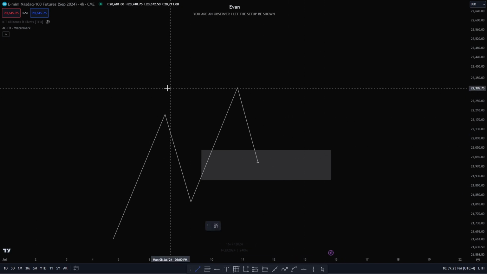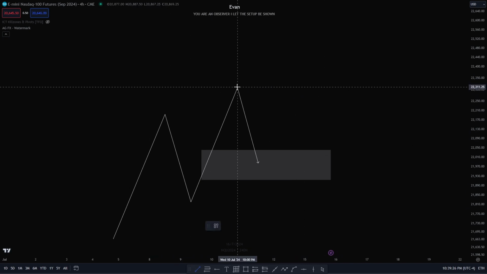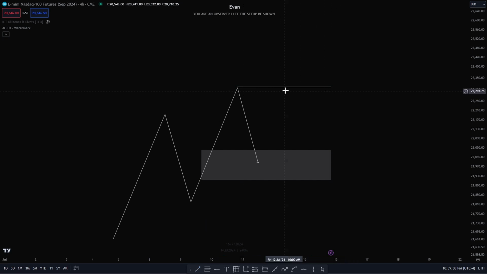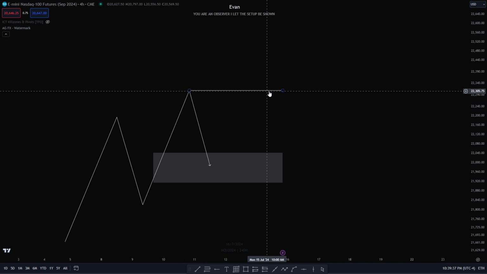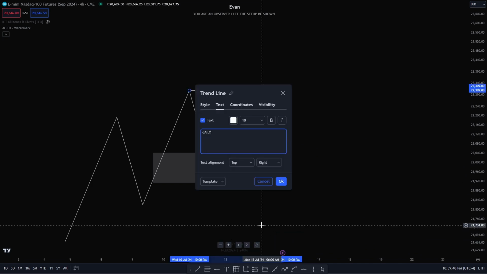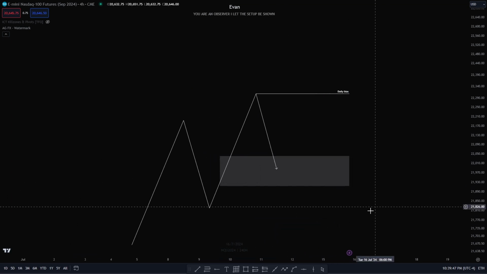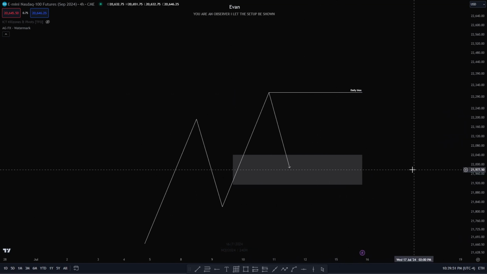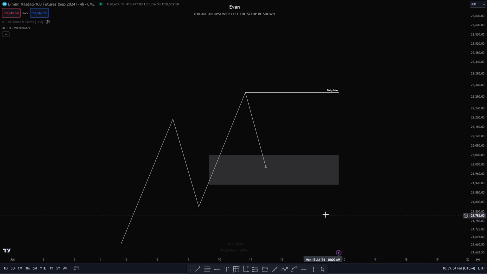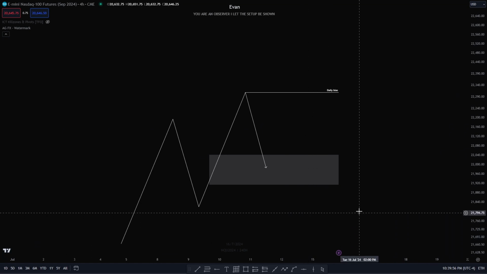So if this is the daily, and price goes internal to external, this becomes our daily bias, our higher time frame bias. Okay, and now intraday bias, right? What is intraday bias?